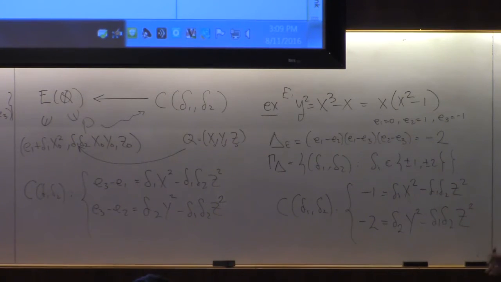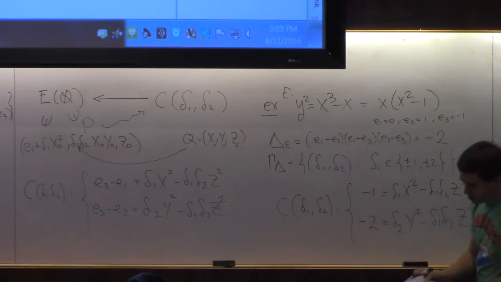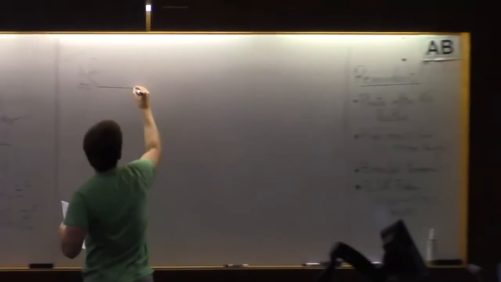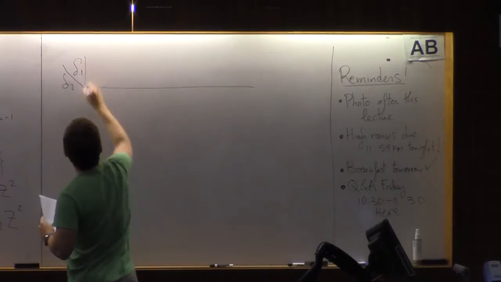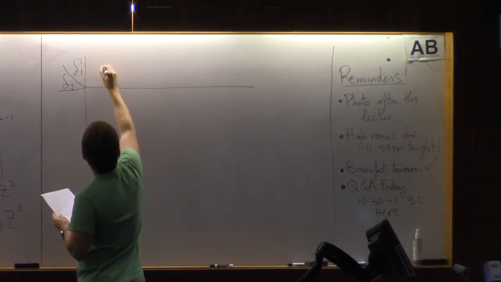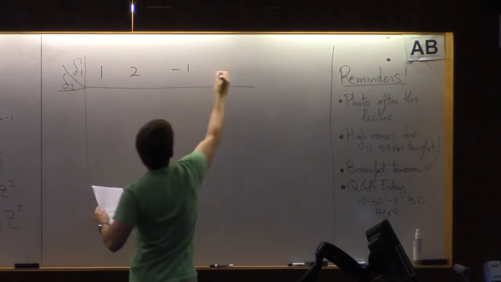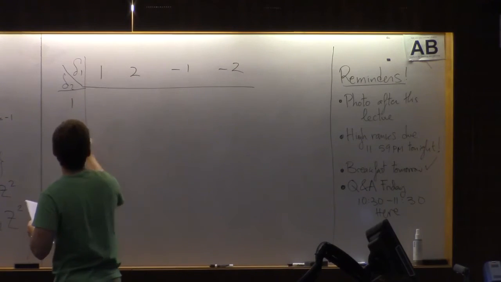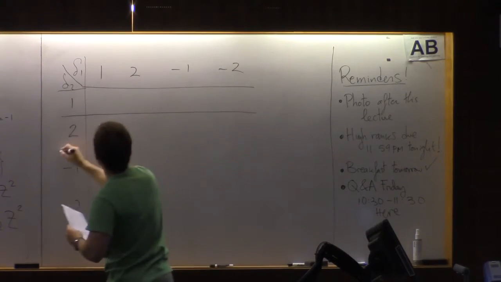There are 16 of them, and I want to find all the points that are there and see what I get. I'm going to make a table to make sure I don't miss anyone. I'll put 1, 2, minus 1, minus 2 along one side, and 1, 2, minus 1, minus 2 along the other, and look at all of them.